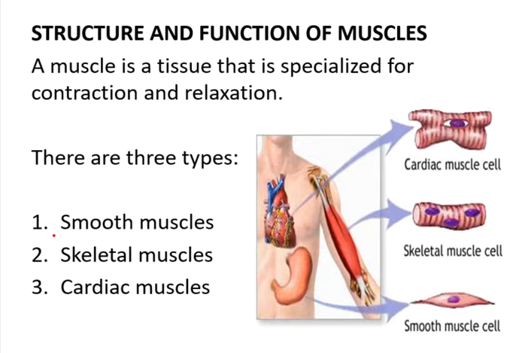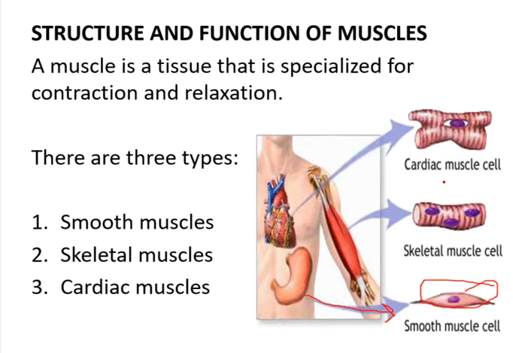A muscle is a tissue that is specialized for contraction and relaxation. And we have 3 types: smooth muscles, skeletal muscles, and cardiac muscles. From the photograph, you can look at the smooth muscles found in the intestines, and they are spindle shaped.